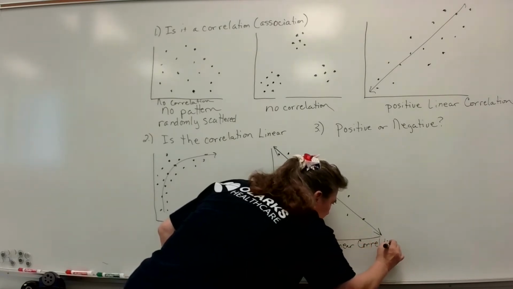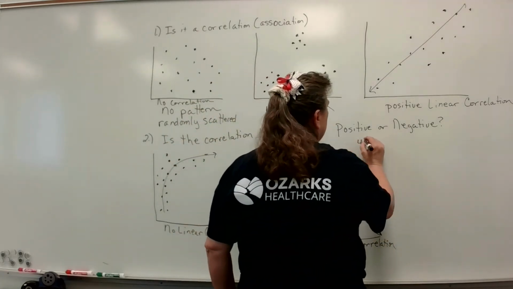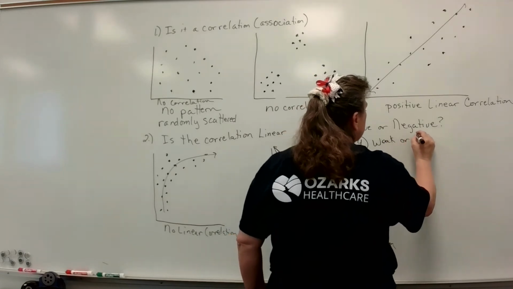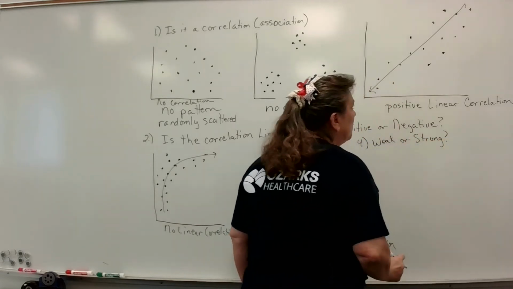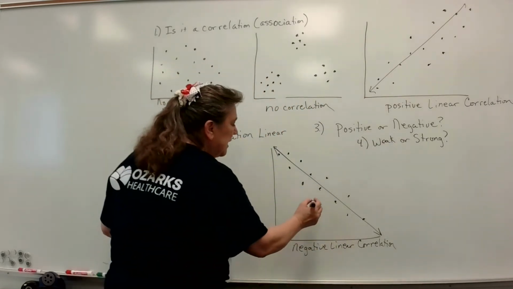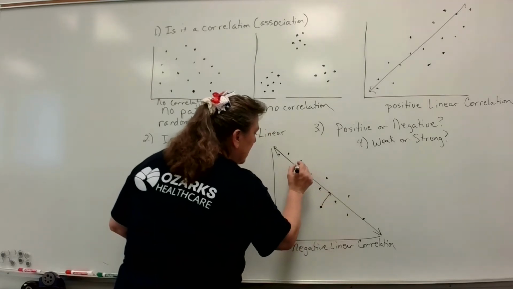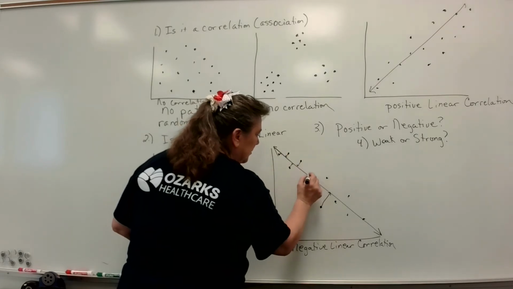And the last question we have to ask ourselves is number 4. Is it weak or strong? How do you tell the difference between weak and strong? Weak or strong is going to relate to how close these dots are to the line, as you run a line from the dot to the line, perpendicular to it.